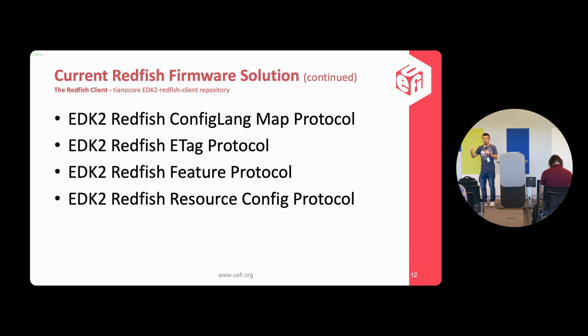Because some Redfish resources are collections, it means you can have many members. Like the Redfish service can manage more than one system, right? So you probably have 4 instances under the collection. So the resource config protocol is also introduced to manage the collection and collection members.